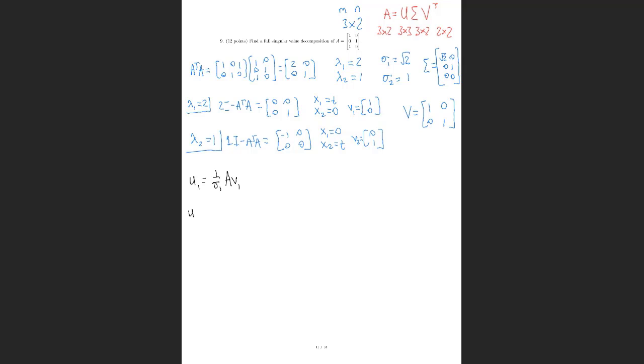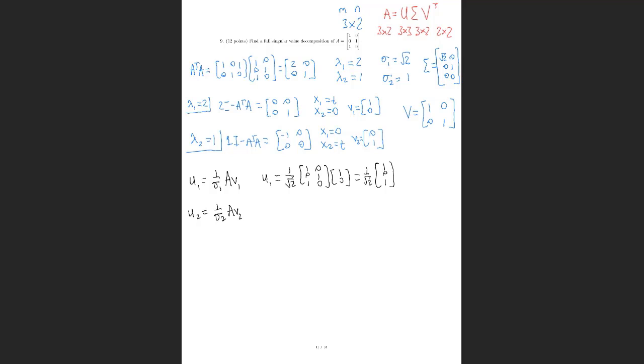And we can get U2 as 1 over sigma 2 AV2. Okay, so let's see. So U1 would be 1 over root 2 times A times V1, which would be 1 over root 2 times (1, 0, 1).